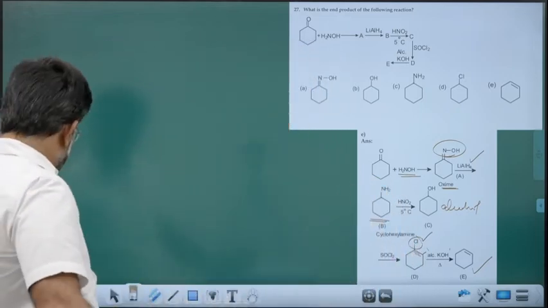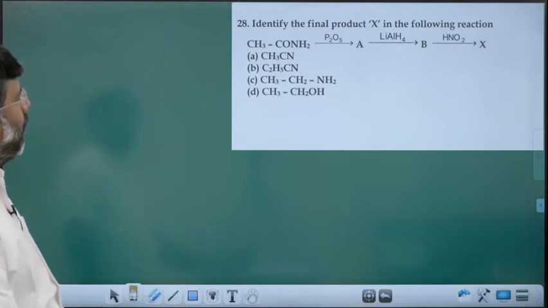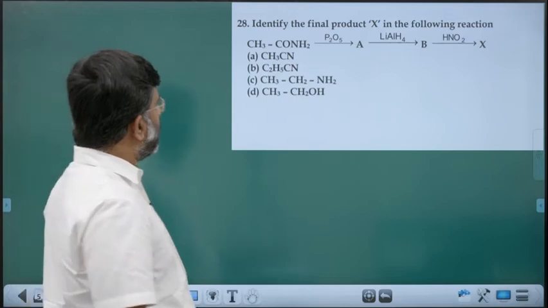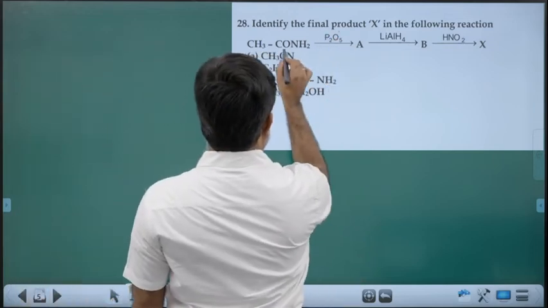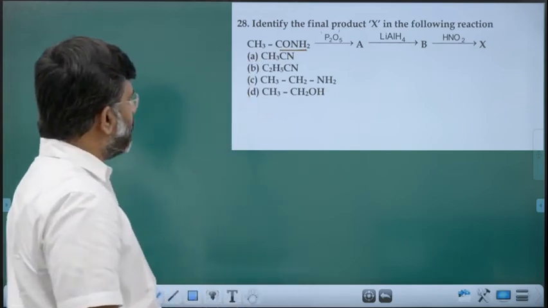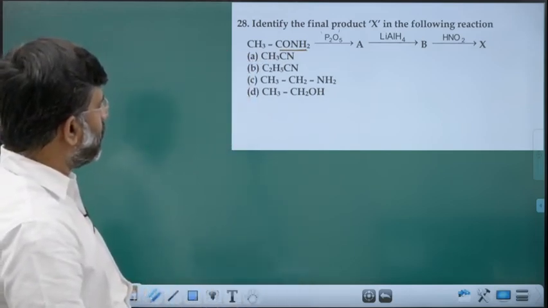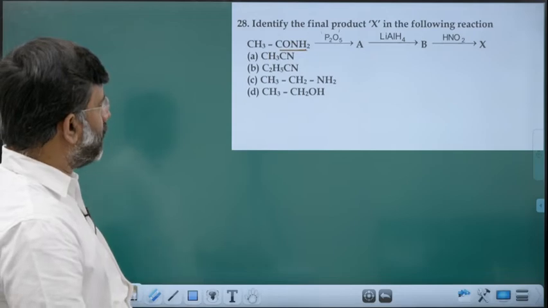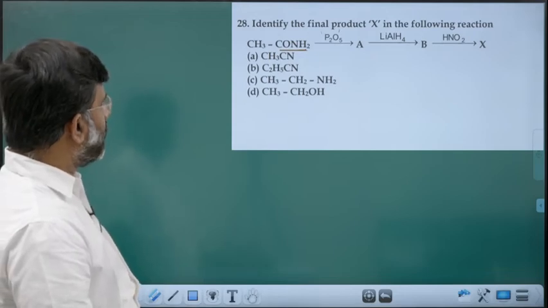Next. Identify the end product. Once again, CONH2 dehydrated, you will get a cyanide. A is cyanide. Cyanide with lithium aluminum hydride gives primary amine. Nitrous acid, you get ethanol.